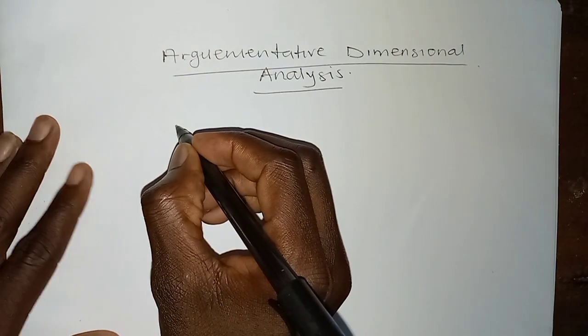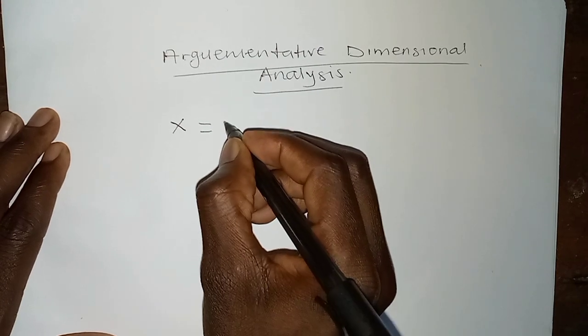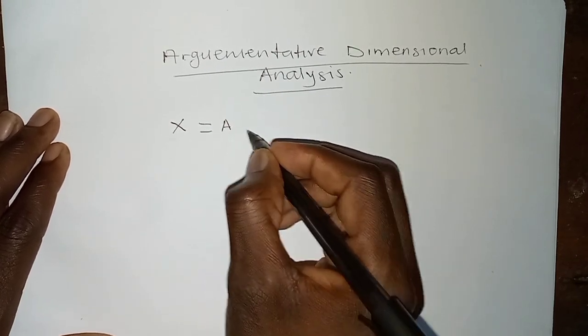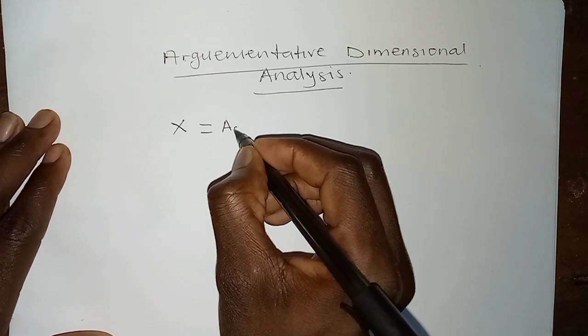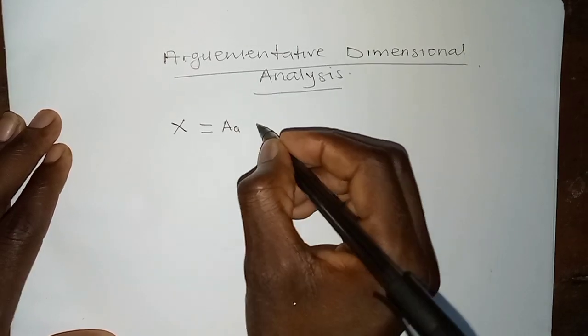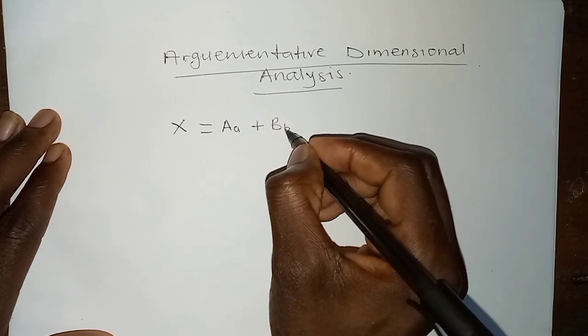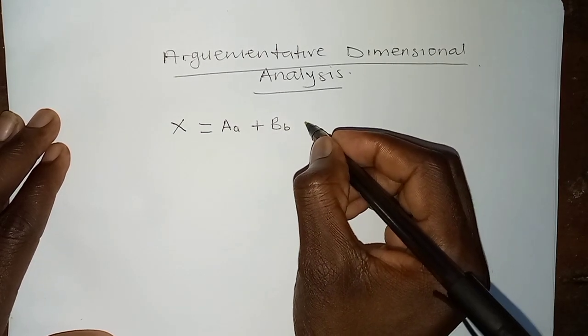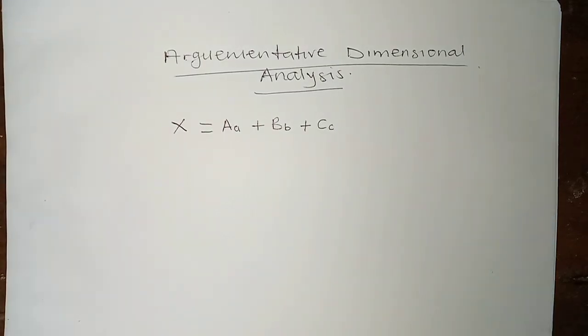Suppose you've been given dimensions that are written in this format. Then you have A, subscript small letter a, plus B, subscript small letter b. You also have C, subscript small letter c.